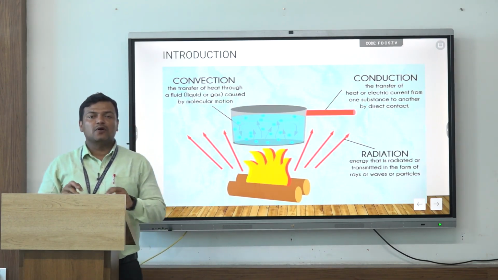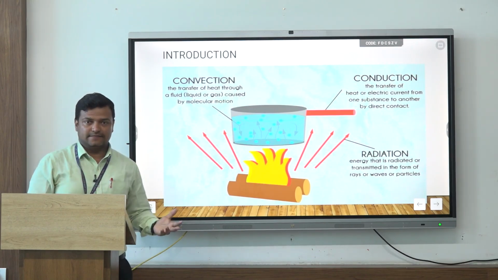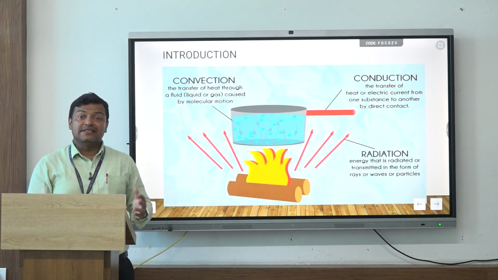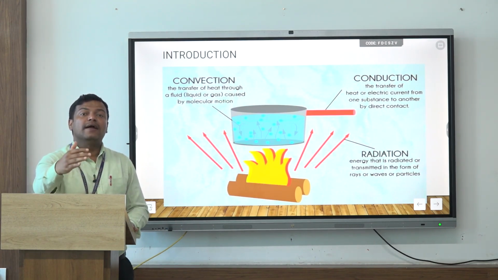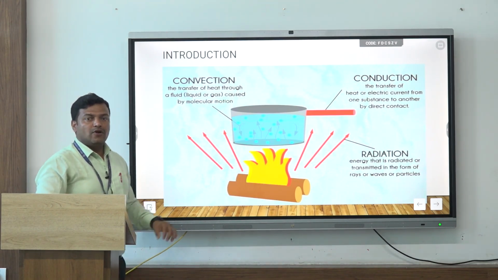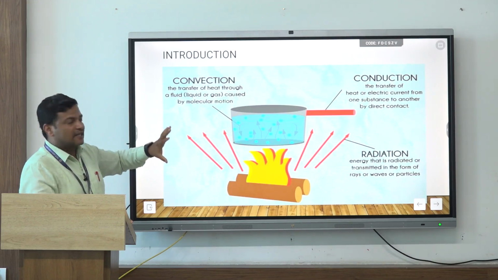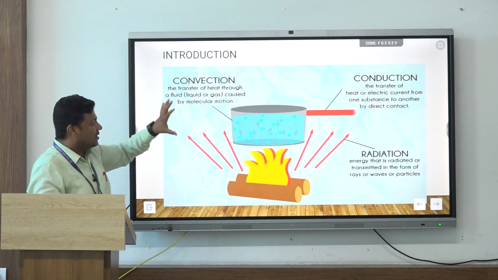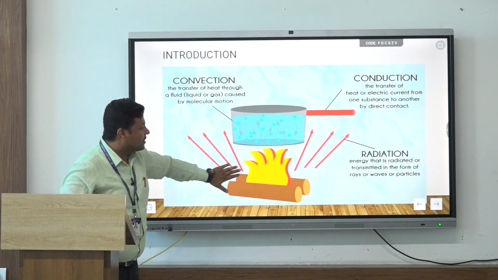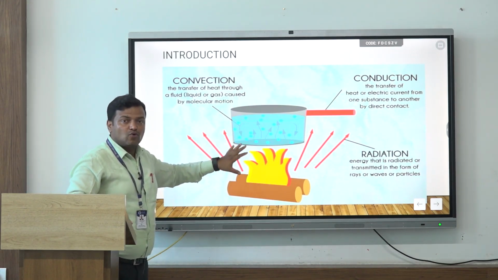Heat is transferred through hot rays, which is called radiation. This is the indirect type of heat transfer. Did you understand? There are three modes of heat transfer: conduction, convection and radiation. This is the best combined example for the modes of heat transfer.